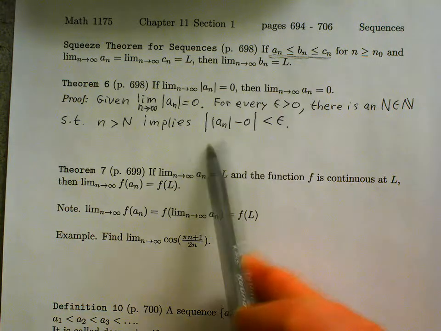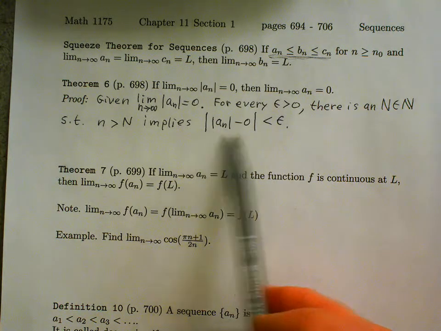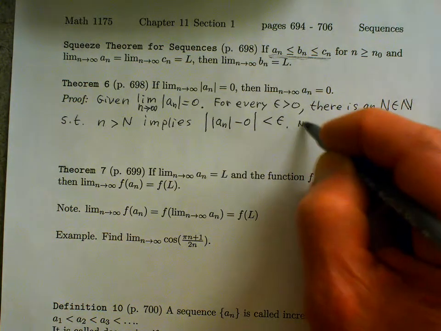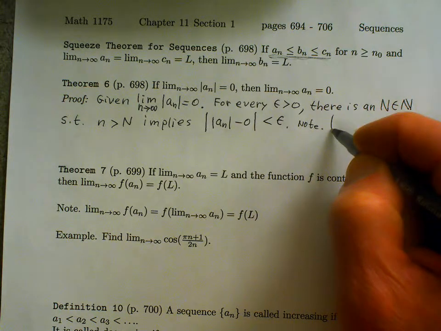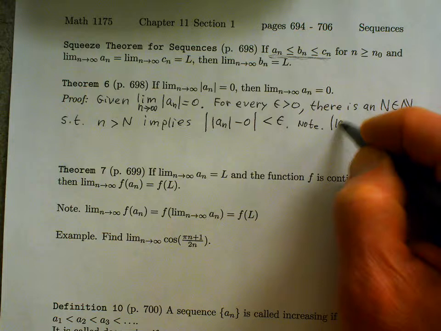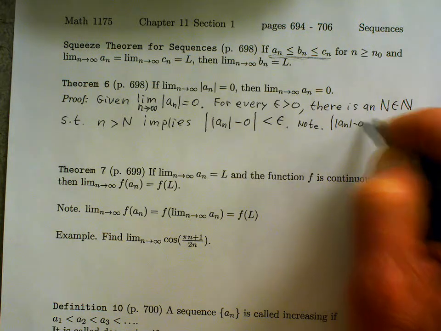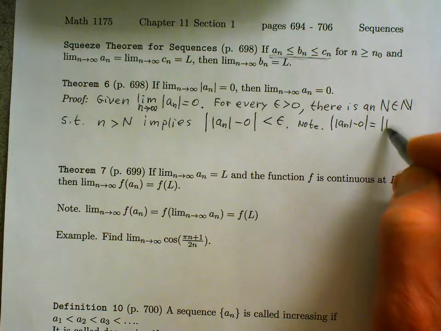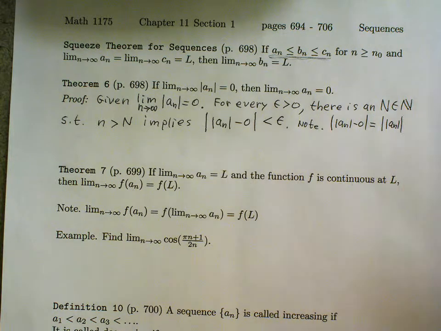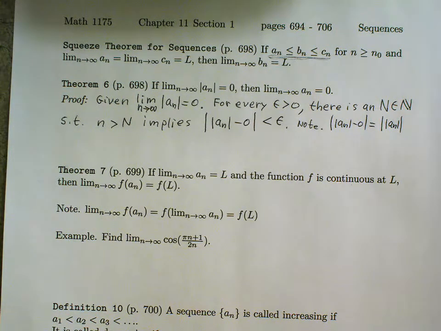Okay, but the absolute value of a sub n minus 0 can be simplified. The absolute value of a sub n minus 0, that's just the absolute value of a sub n, but that's redundant.